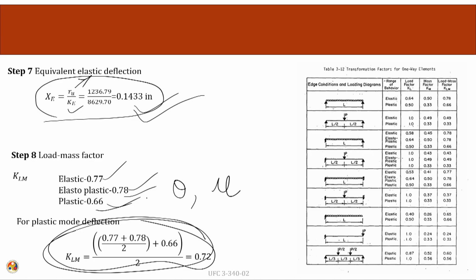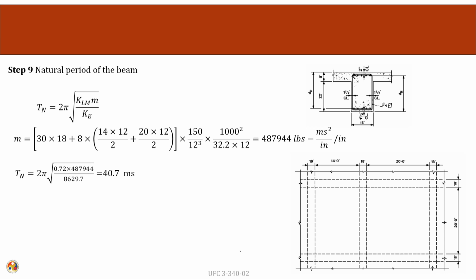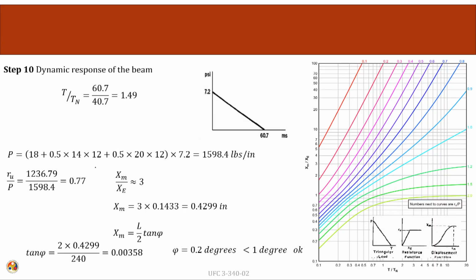So, we calculate the equivalent load mass factor, and once we have it, we can calculate the time period of the structure. Once we have the time period of the structure, the time period of the loading was already given to us.